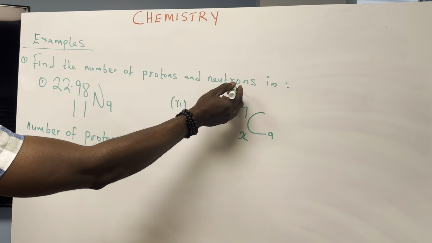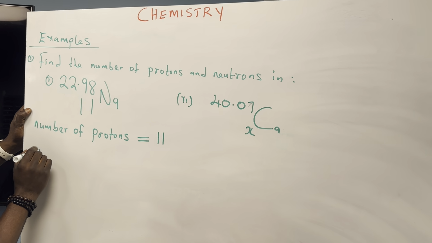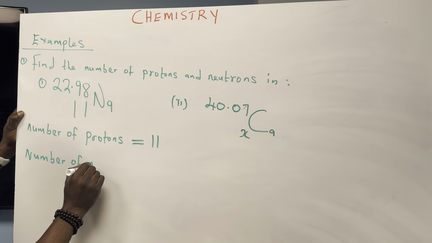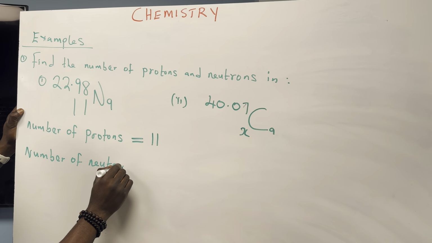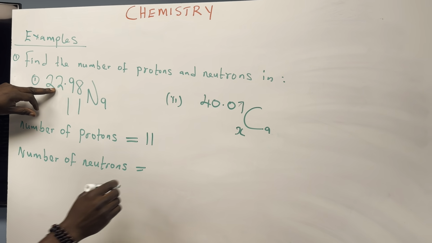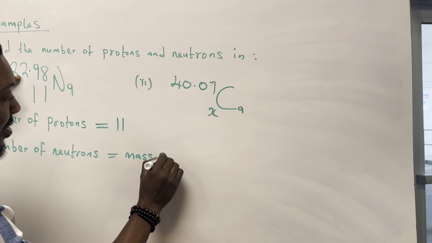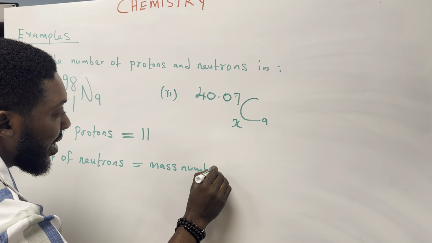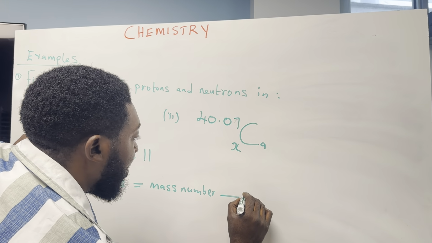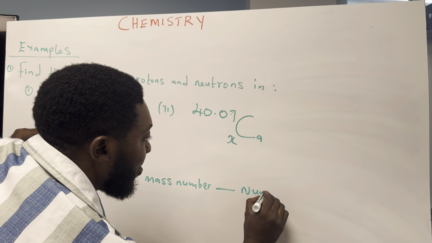So now let's look at the number of neutrons in this question. I'll give you the formula: the number of neutrons is the mass number, or atomic mass, subtracted by the number of protons, or atomic number.